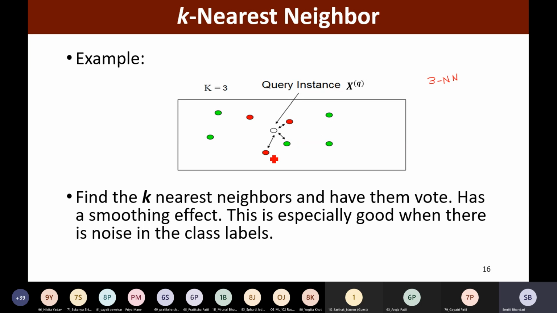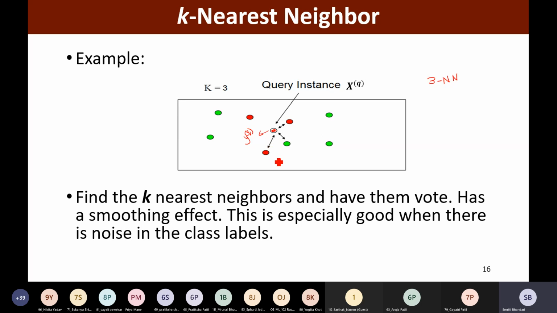Obviously 2, that is the red class, and that is why YQ for this sample will be predicted as red, because the majority of the closest samples are red samples. So this will be predicted as belonging to the red class, not the green class, right?